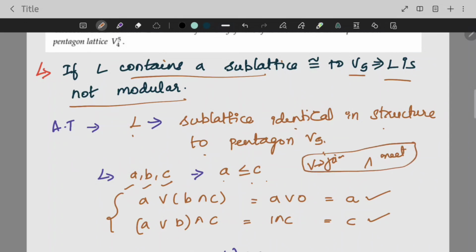To make the theorem simple, I have said union and intersection instead of join and meet.